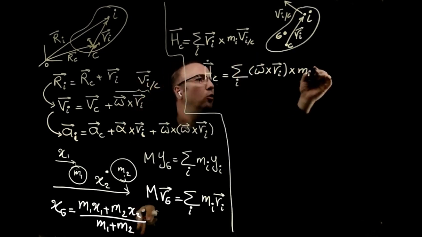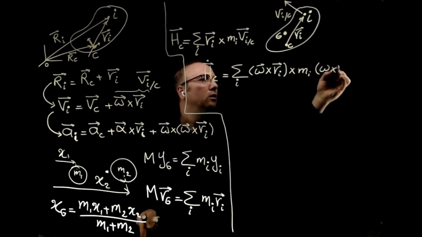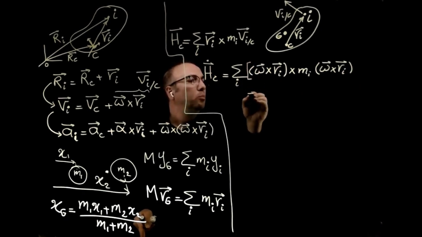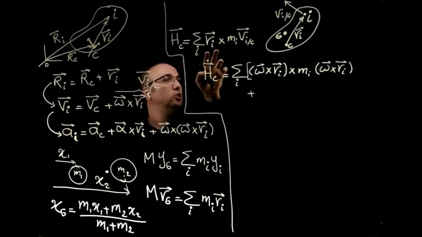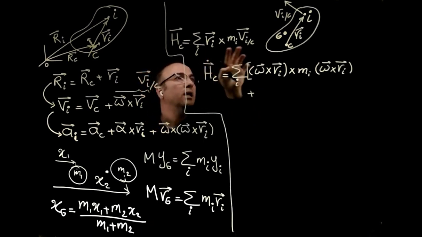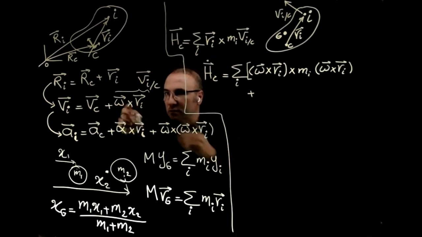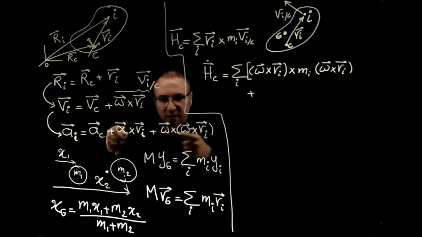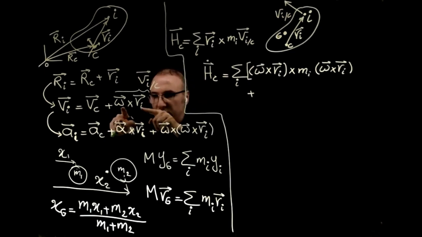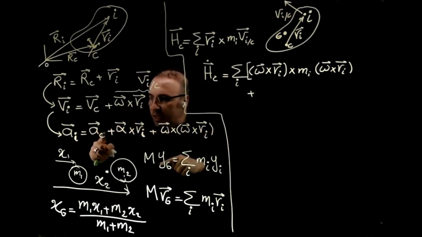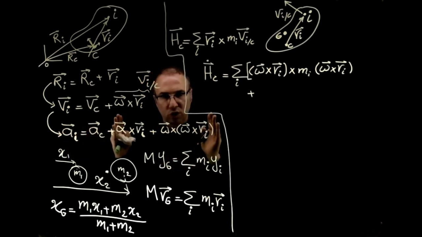I write it as, again, omega cross Ri, plus, I just did the derivative of this term. Then I have to do the derivative of that term, which is these two terms, right? I write the derivative as Ai minus AC, because Ai minus AC becomes these two terms.